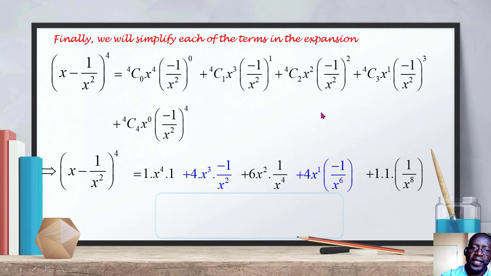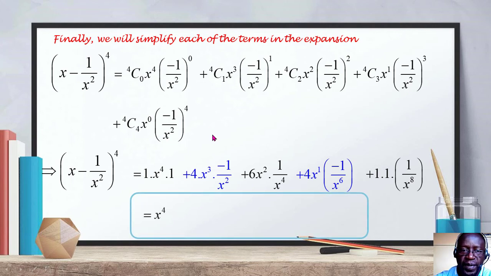Now let's finish our simplification. The first term, 1 multiplied by that is simply x to the power 4. On the second term, the negative will multiply by the positive to give us a negative. That 4 is that 4.